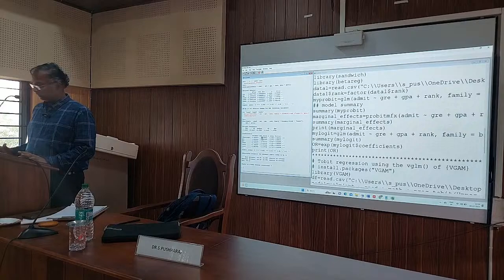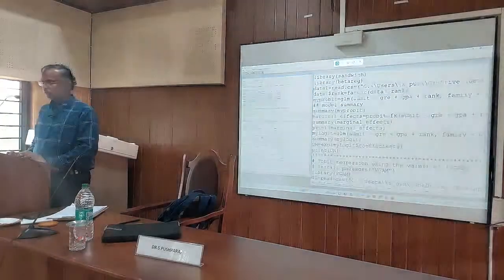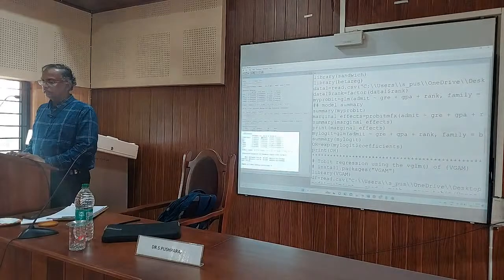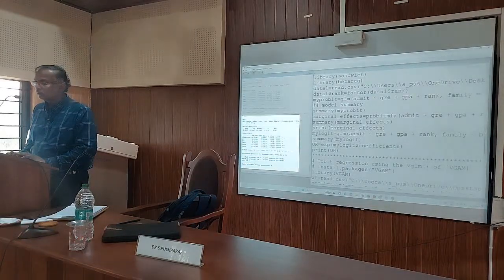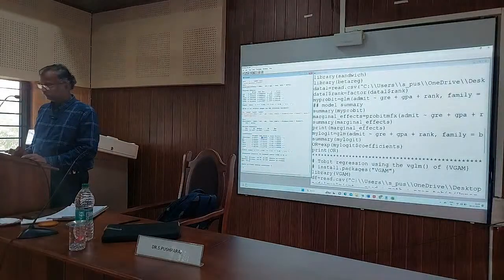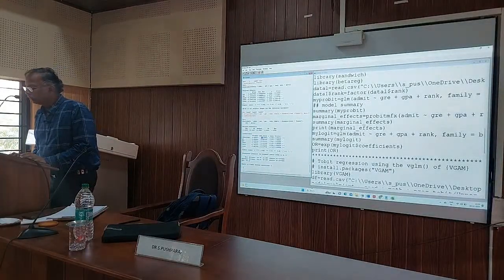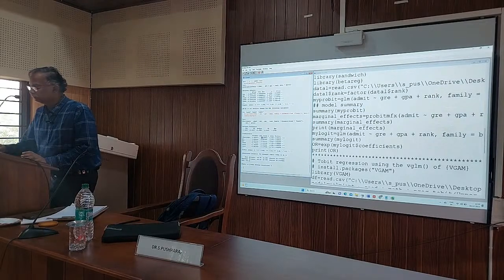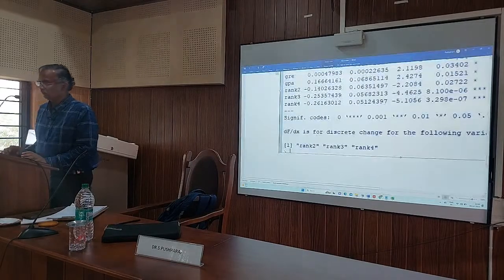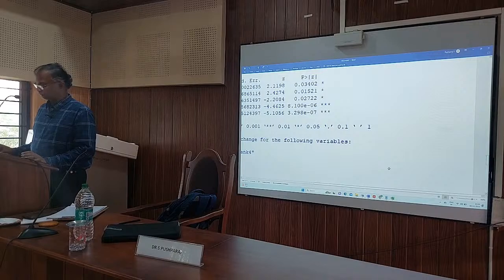But in this case, we have to calculate. This gives you the logit values. From the logit values, you have to find the odds ratio.